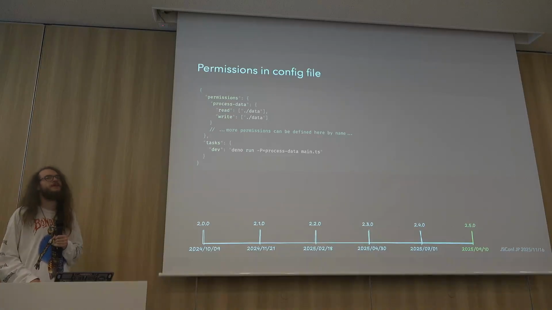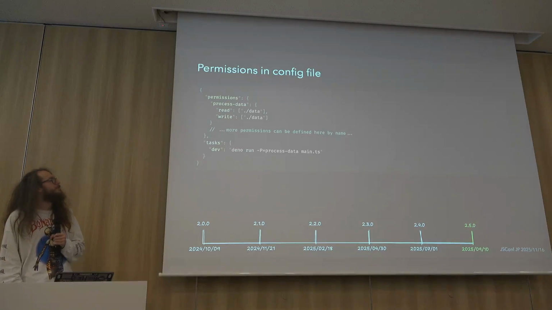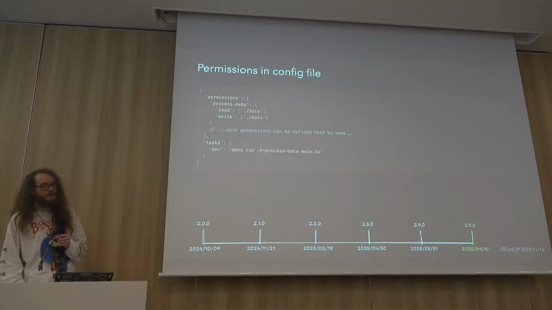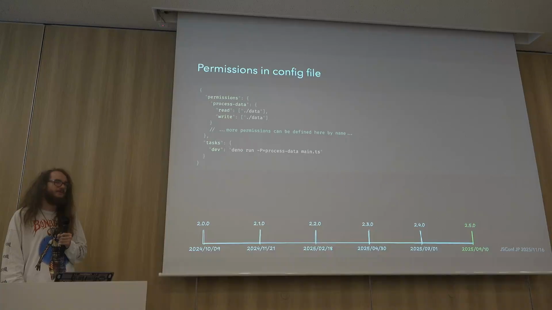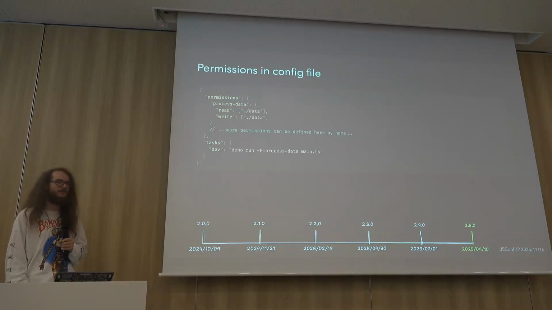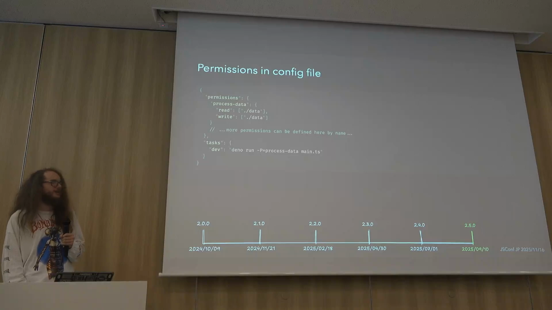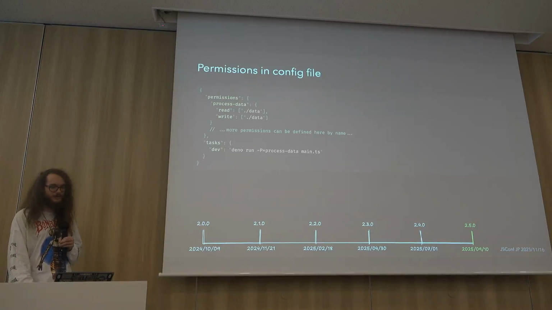-p is required to use the permissions from the config file, else it could be a bit problematic in terms of safety. Let's say you just run deno run main.ts and suddenly it's using permissions you were not expecting. This is just to make it explicit that you're actually reading permissions from the config file.